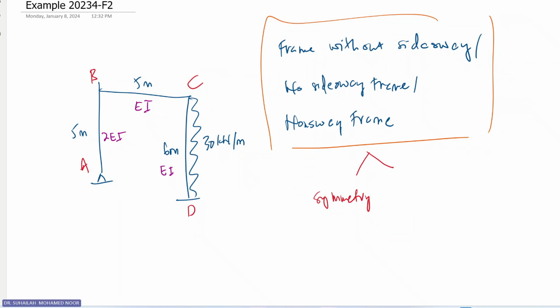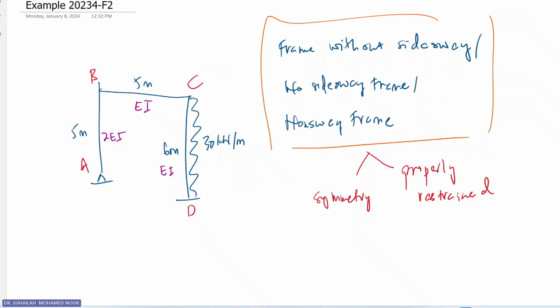Number two is properly restrained. Properly restrained means no side movement, no side sway. B and C remain at the same position because of restraining force.